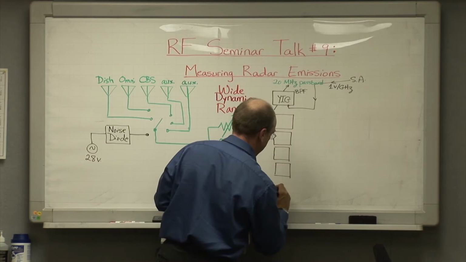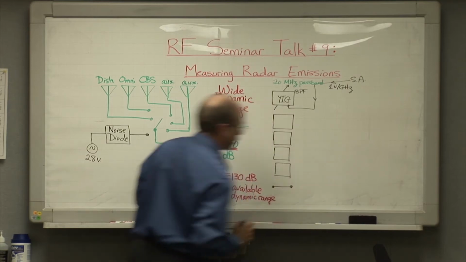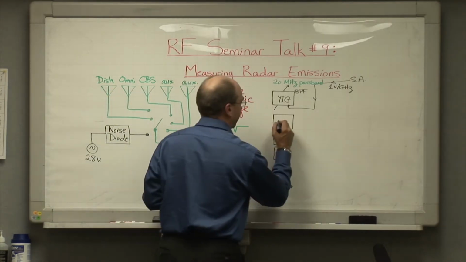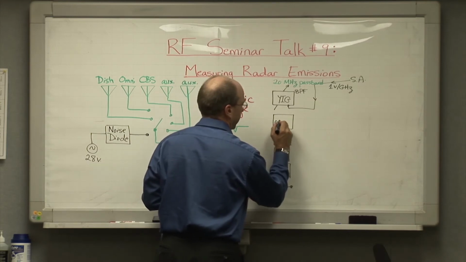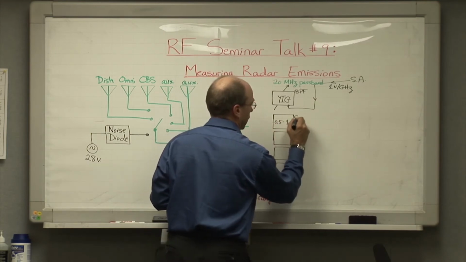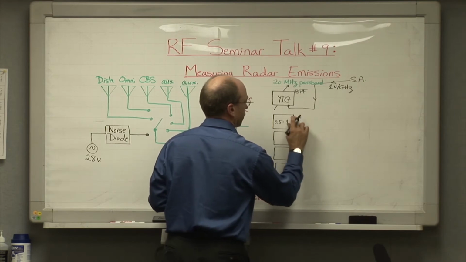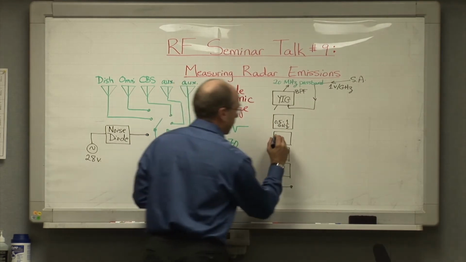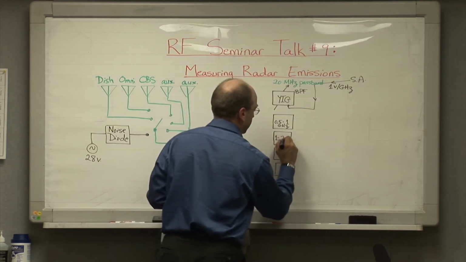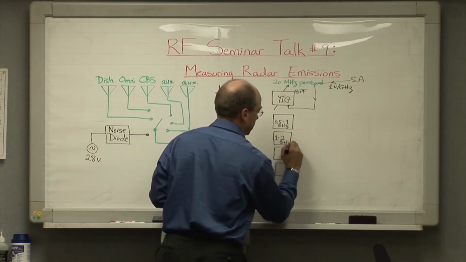And for that matter, a straight through path. And these fixed bandpass filters might, for example, go 0.5 to 1 gigahertz. I'll draw it like this. 0.5 to 1 gigahertz. And then 1 to 2 gigahertz.